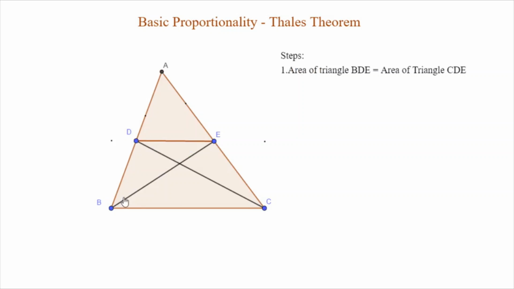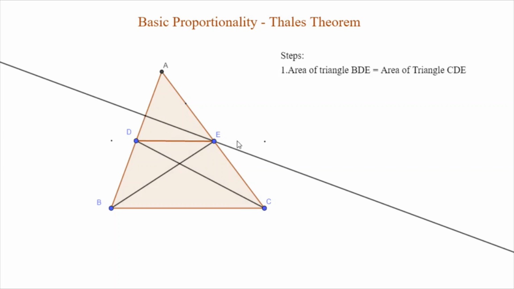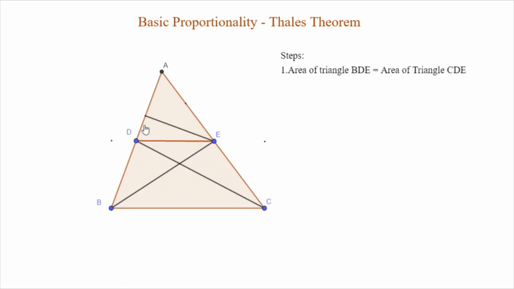So with BD as the base, the height of triangle BDE can be obtained by drawing a perpendicular from E towards BD. It is something like this. Now let us mark this point. This is the height of the triangle BDE with BD as the base.